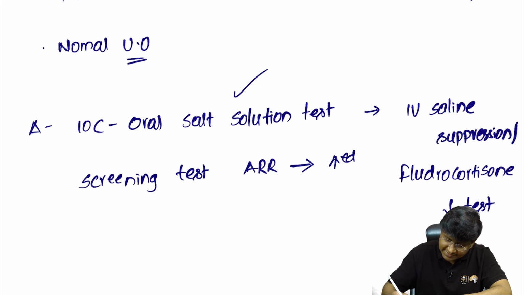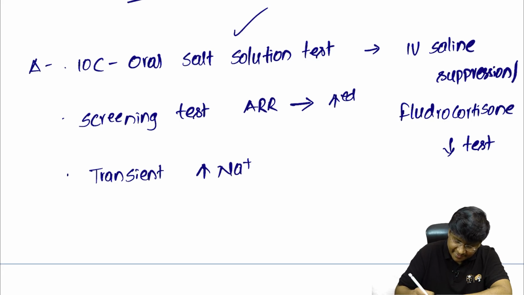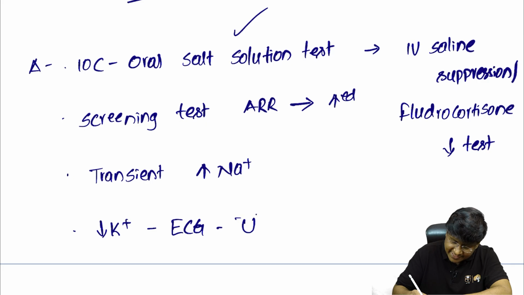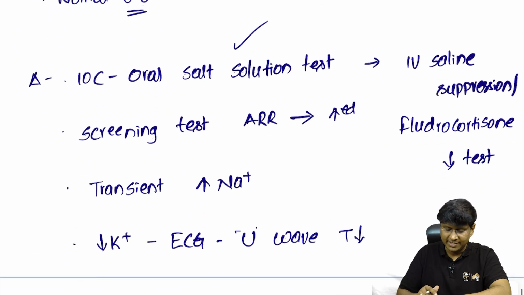So this is the confirmatory test, and these patients will have a transient hypernatremia, and they will have hypokalemia, because of which the ECG will show the presence of a U wave and an inverted T wave. And the ABG will show the presence of metabolic alkalosis.